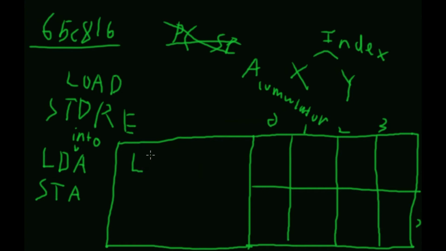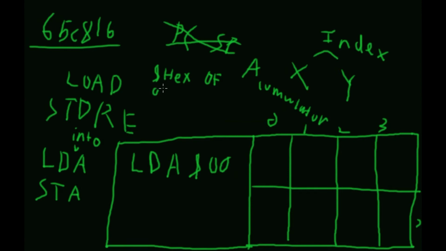So let's say LDA $00. Let's get into what the dollar sign means here. We've got load into A $00, but what does that mean? If I have a dollar sign, that's going to give me a hexadecimal number, which means I can say things like $10, which would be the decimal equivalent of 16.